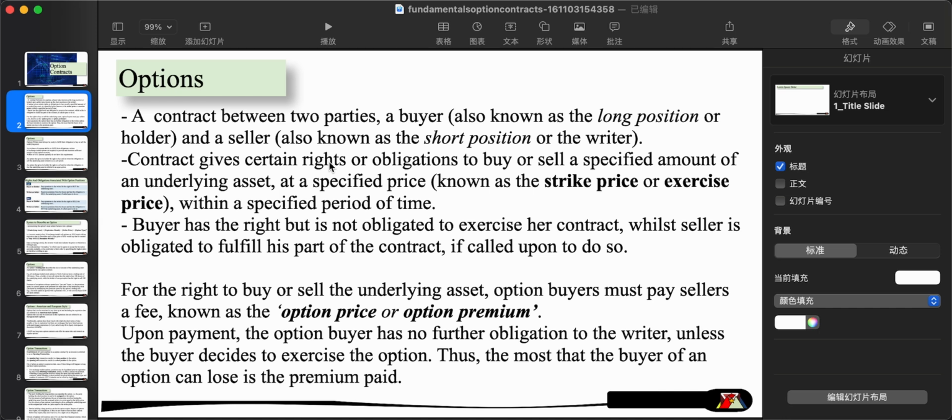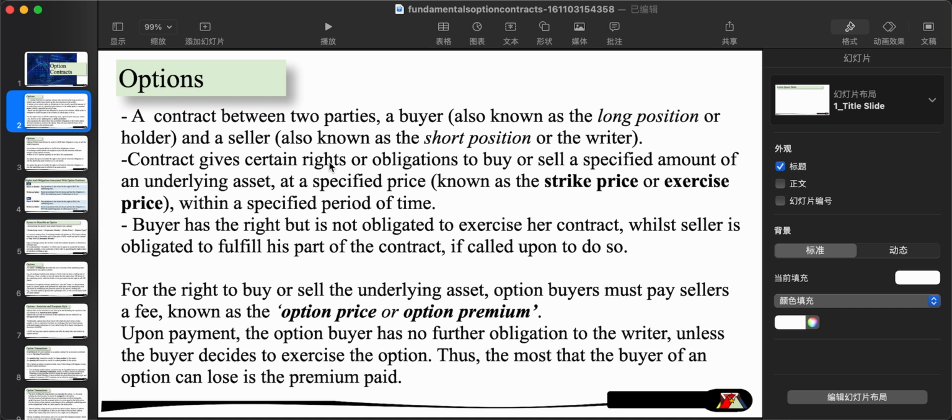If you regret it and do not wish to purchase the car, what's going to happen is you're going to lose the option premium, that 1% of the total value of the car. That is the option price, or option premium.